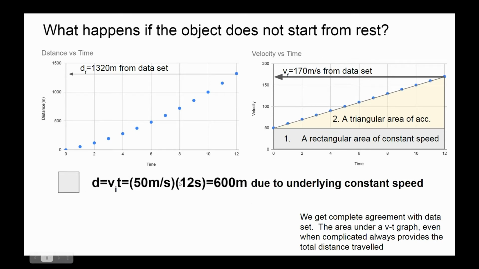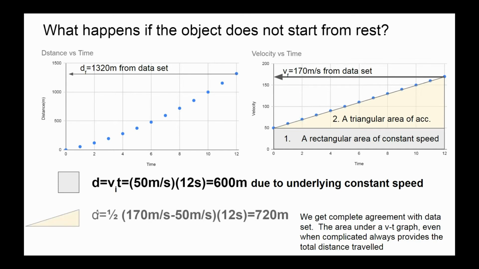In this example, the square area multiplies out to 600 meters, and the triangular area, when we carry it out, comes out to 720 meters. We add these two up. Sigma means the sum. We get a total area under this shape of 1,320 meters.